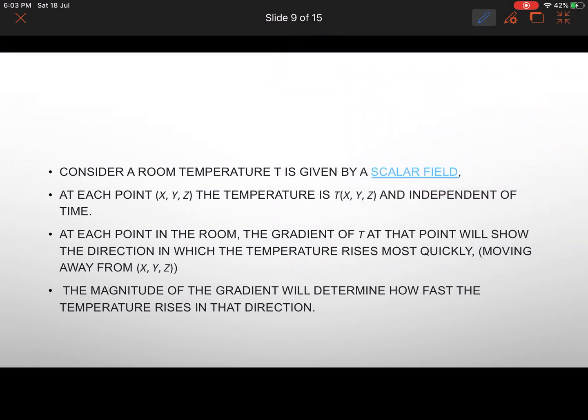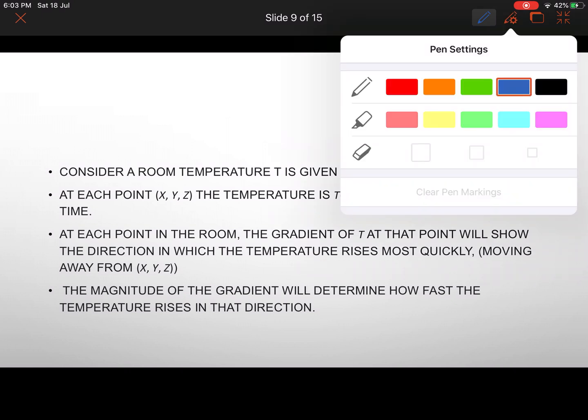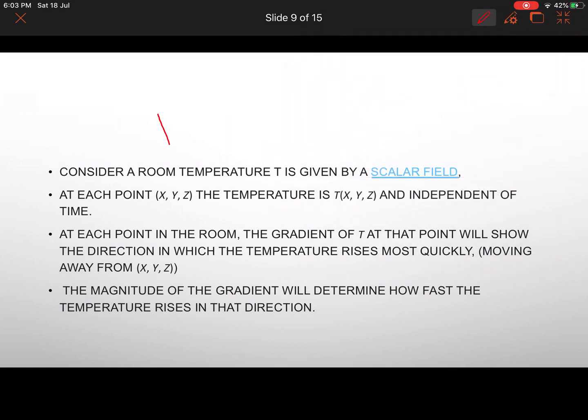So temperature T of x, y, z. Del T will give you in which direction temperature is increasing or decreasing, and how fast it is. So in a particular direction temperature is increasing.